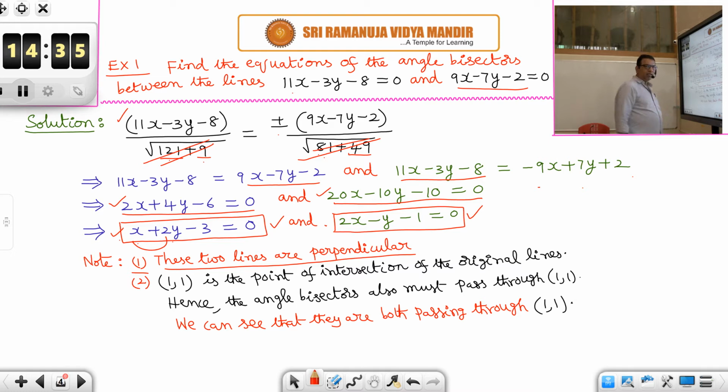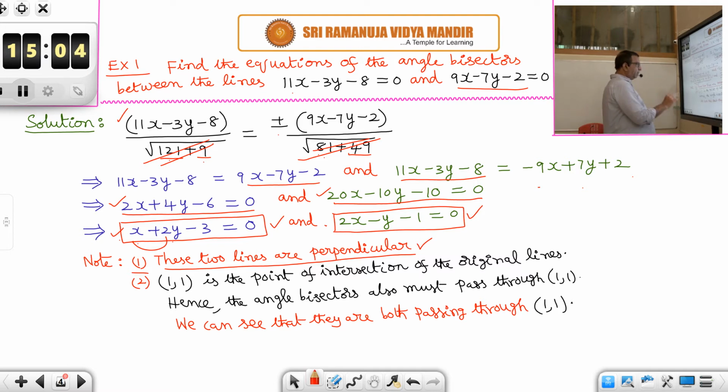Therefore, clearly the condition for perpendicular lines, a1 a2 plus b1 b2 equal to 0, is satisfied. Angular bisectors will always be perpendicular. Suppose you find they are not perpendicular, it means you have simplified the problem wrongly. They must be perpendicular. There is no other way.